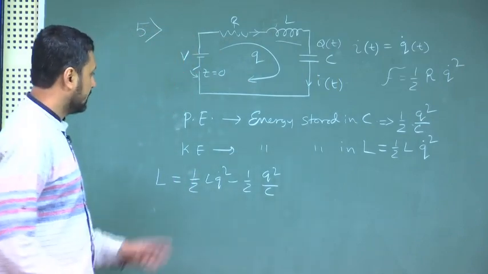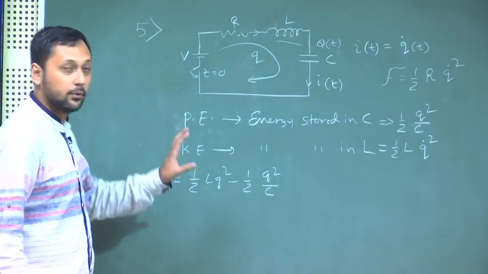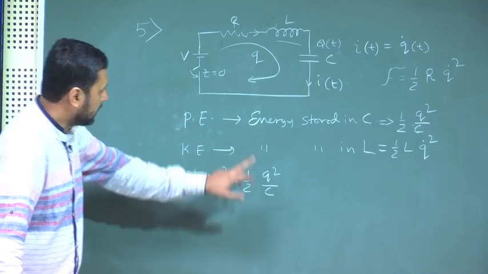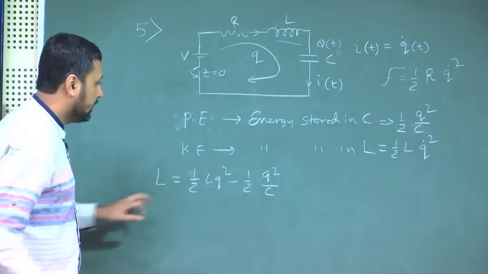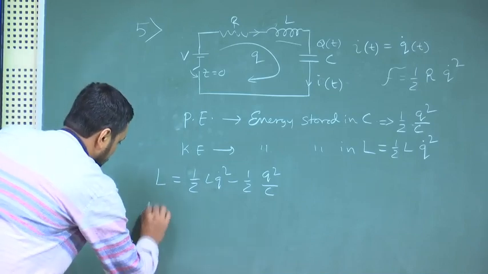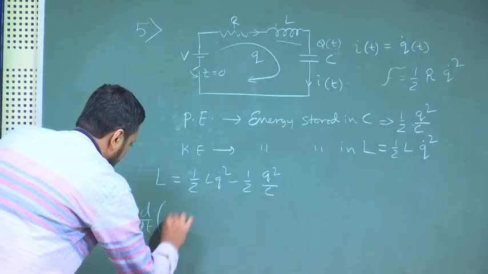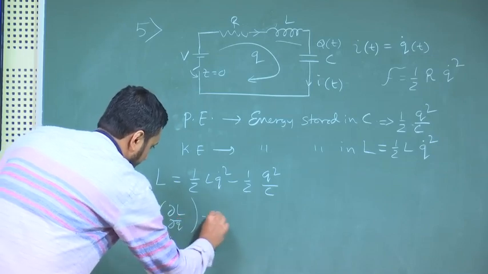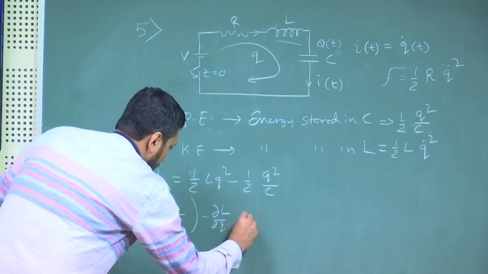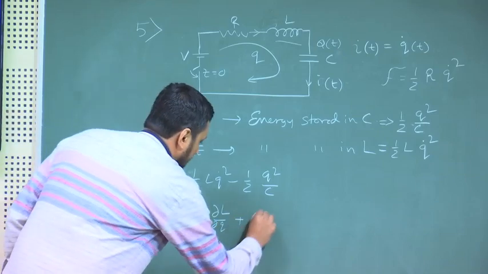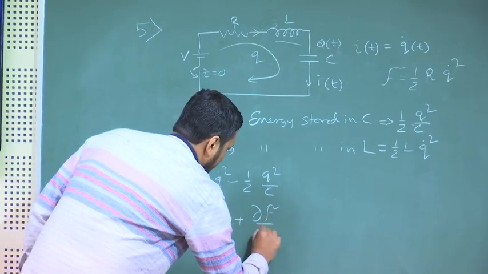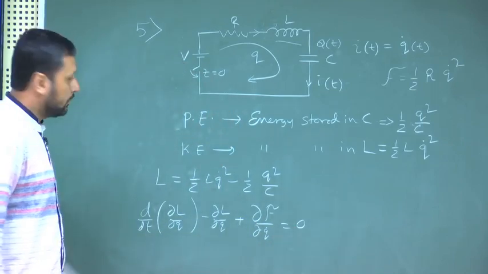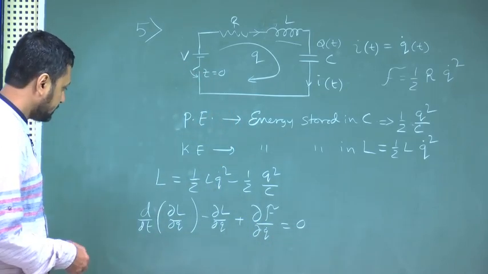Okay. So, for the equation of motion, we have only one generalized coordinate, and we have a Rayleigh function, a Lagrangian. So, for the equation of motion, we have to do d dt of del L del Q dot minus del L del Q, okay, plus del F del Q dot is equal to 0, right, for this particular system.